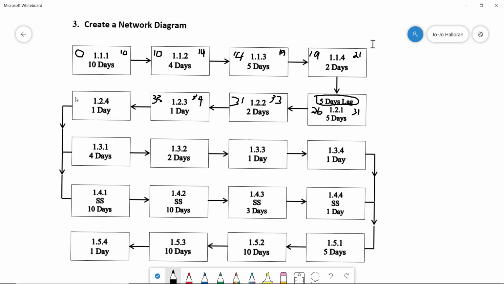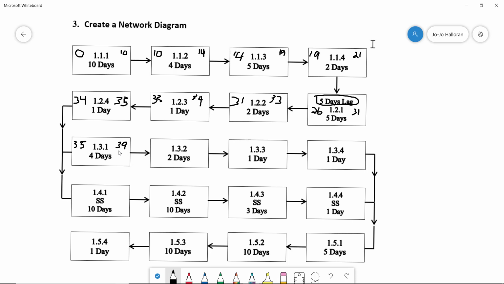Then we have 34 and a 1-day duration, which makes it 35. Now we're dropping down here, and our 35 goes over here for our early start. Then we have 4 days of duration, so we do 39.